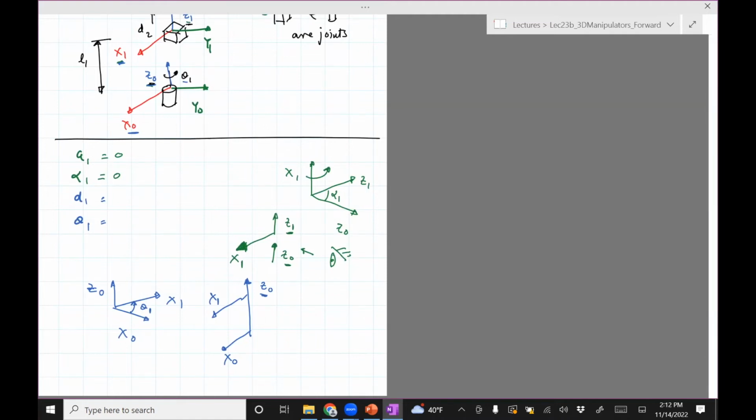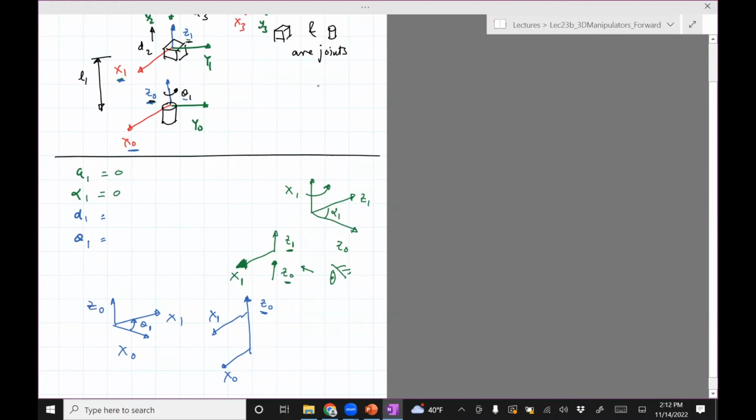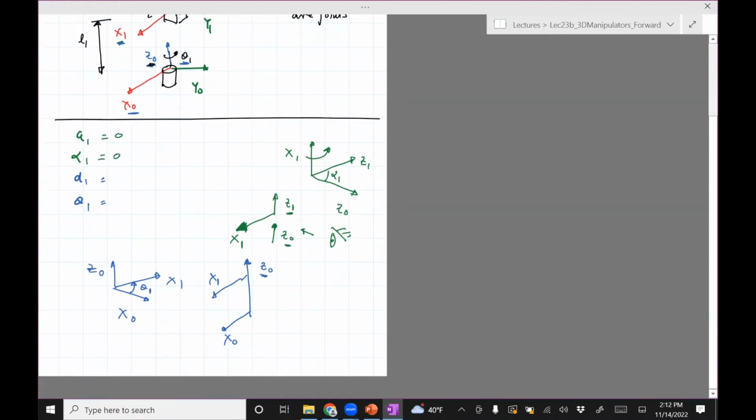When theta1 is rotating, x0 will keep rotating, so this angle is changing. That's what the manipulator is for: it moves that joint. It's 0 in that particular configuration, but for a generic theta1, it is not 0. It's in fact theta1.